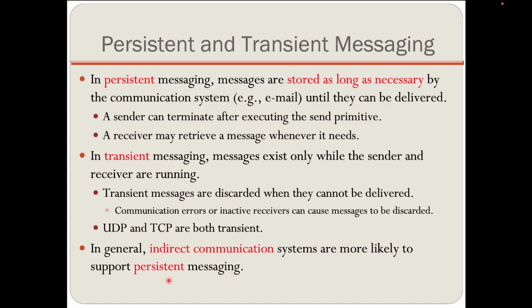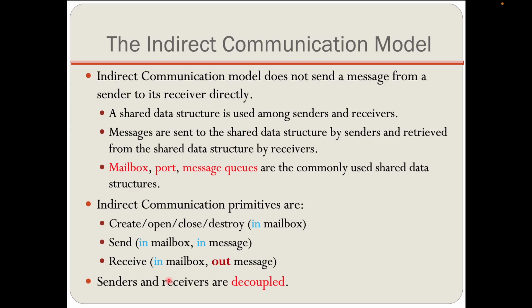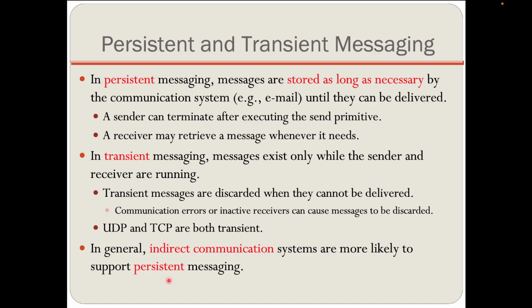So for either direct communication or indirect communication, we all have this property of persistent or transient. It depends on the life cycle of the messages. If a message is transient, that means when the party involved in this communication terminates, the message will be discarded.